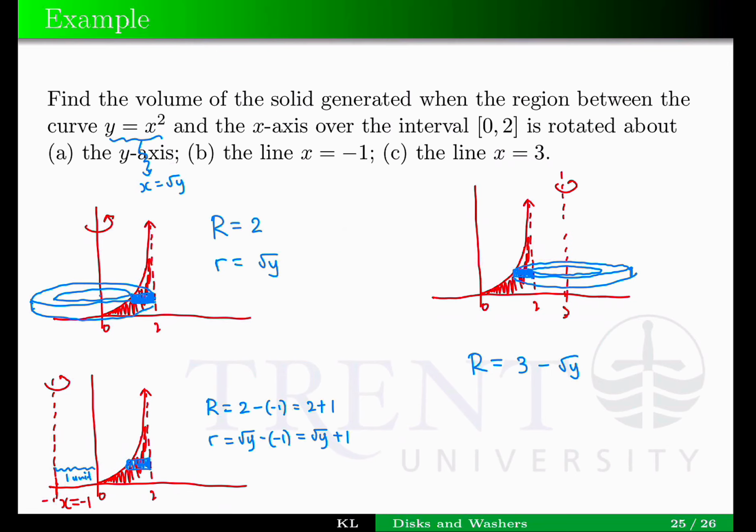And then the smaller radius is from this point going to this point. Same, you will have your 3 minus 2. That's your 1 unit from this up to this one. So now we have this smaller radius and big radius for each.